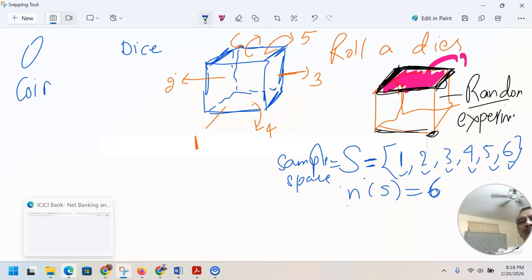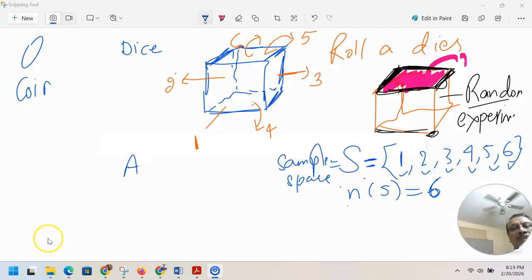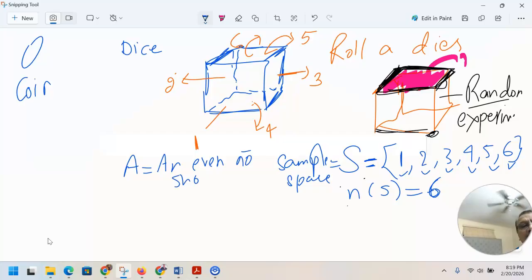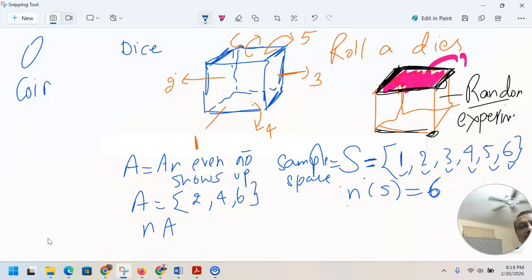Now we can create an event A, saying that an even number shows up. What does that mean? The even numbers are 2, 4, and 6. You can see the number of outcomes here is 3.